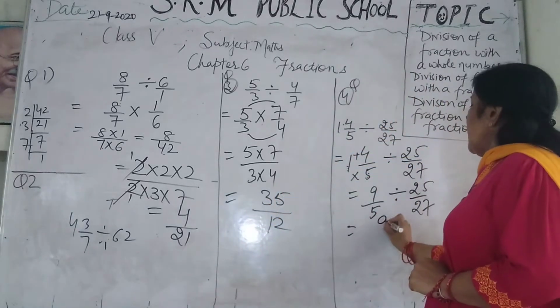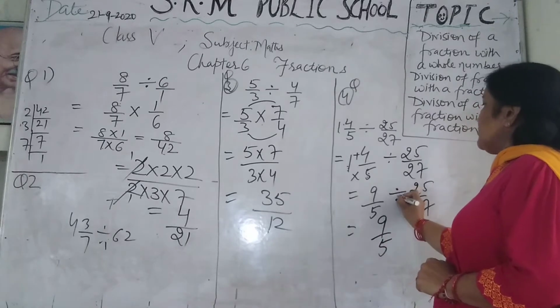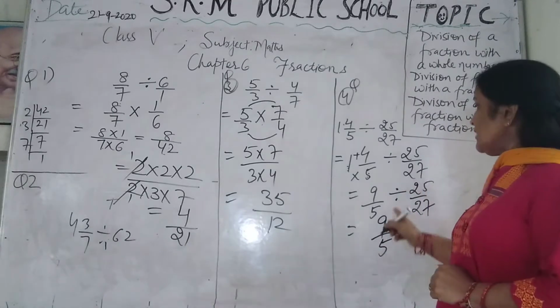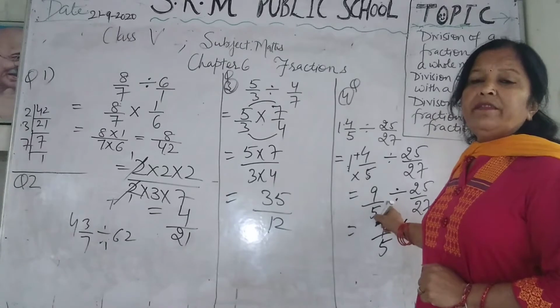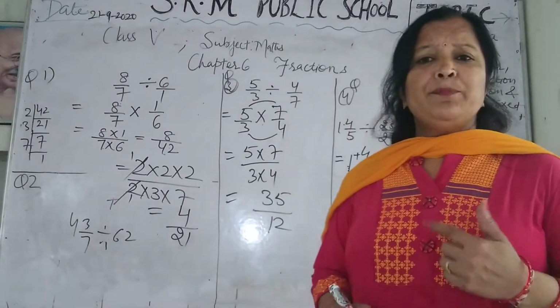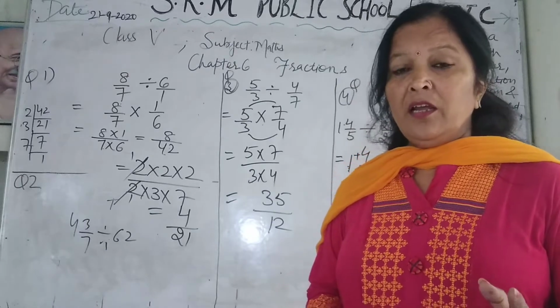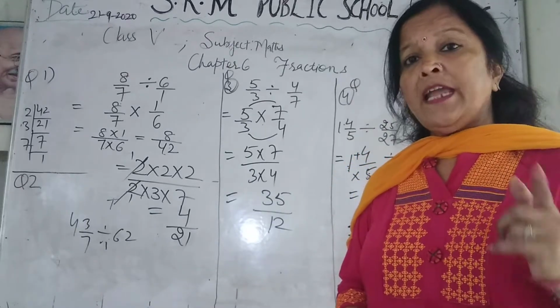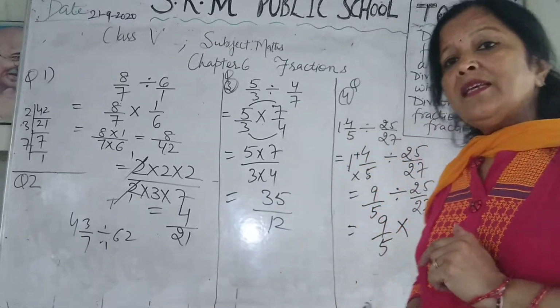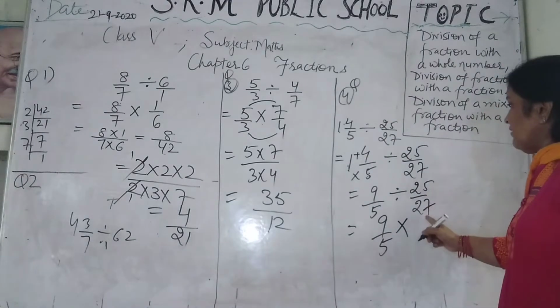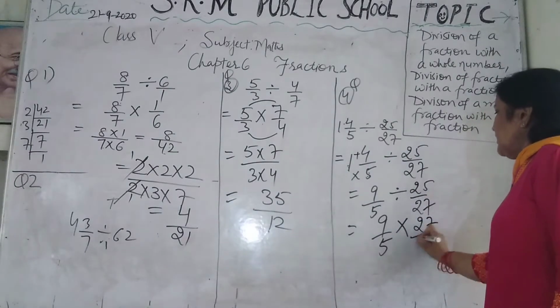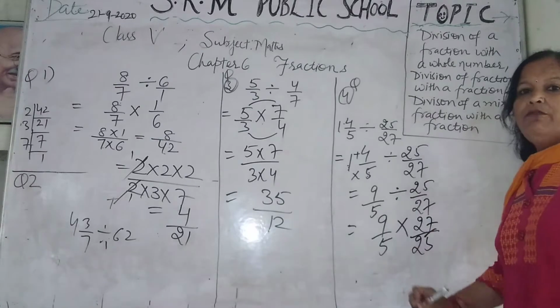Now write 9 upon 5, and in place of division, multiply. As soon as you convert the division sign into multiplication, the reciprocal of the second fraction is taken, not the first. Don't take the reciprocal of the first, take the reciprocal of the second. This 25 upon 27 will become 27 upon 25.